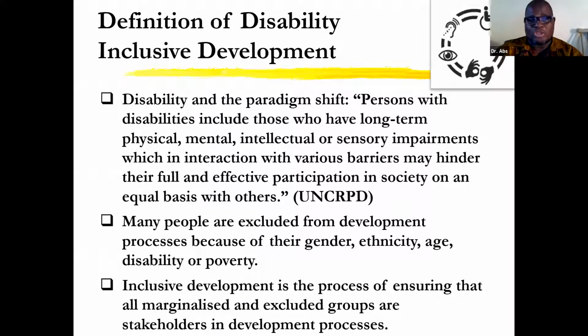Some of the studies we did in Sierra Leone found that 46% of women don't have access to education, while 39% of men do have access to education. So the statistics are pretty dire in terms of giving disabled people access to society in our context here. It's a big thing in this country.